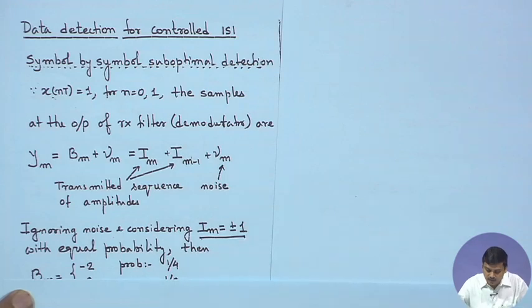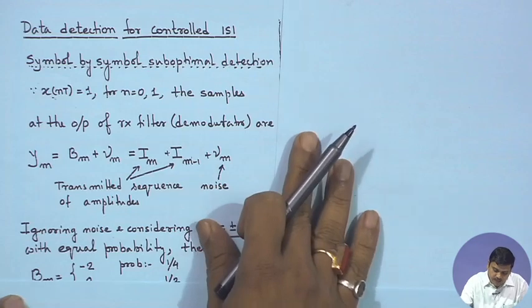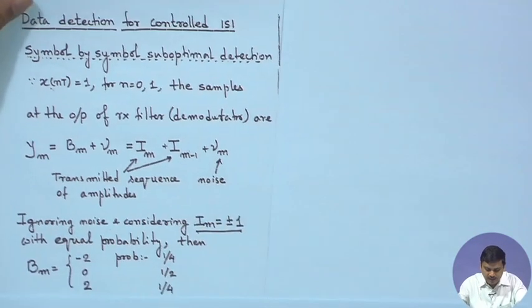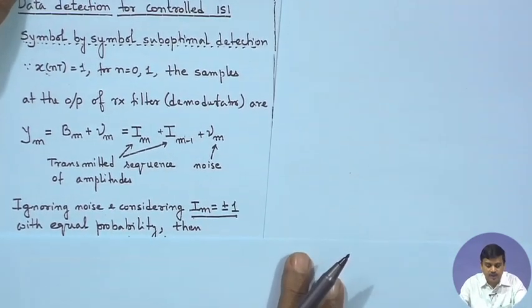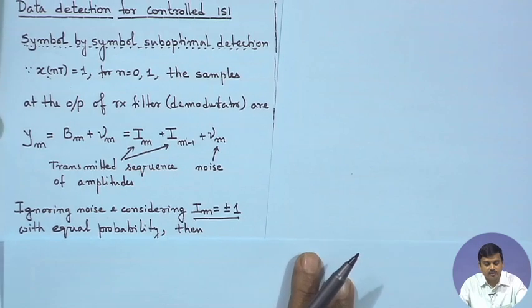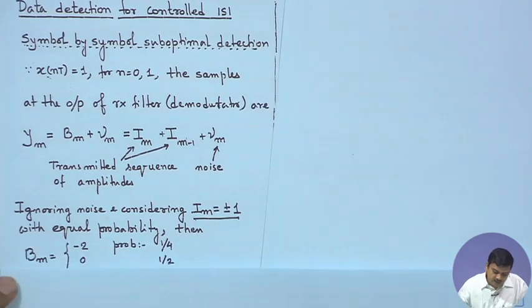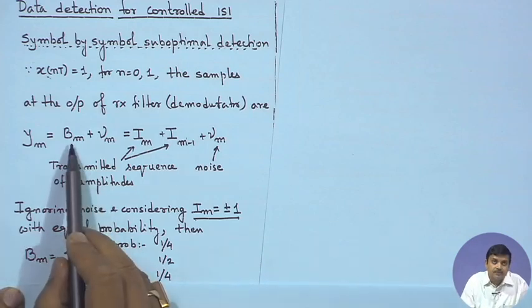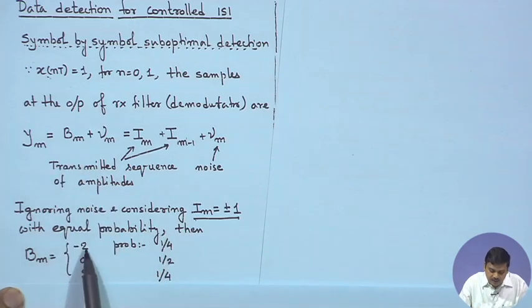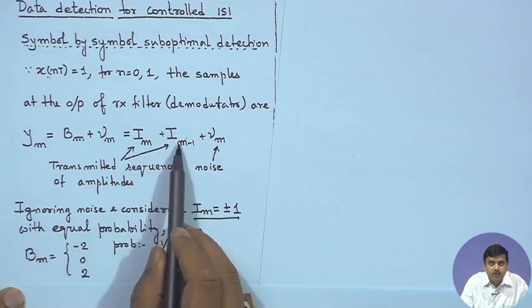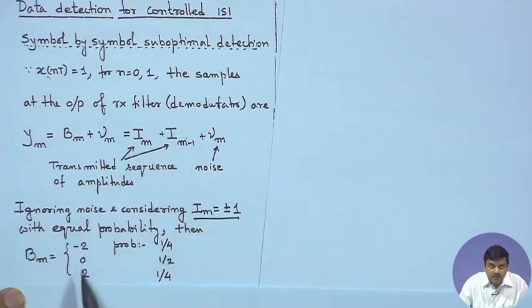So, we are limiting ourselves to the situation where it takes binary values, and we also say that let it take these values with equal probability. If the probability changes, our calculations would be different, and generally equal probability is valid. Our b m over here can take minus 2 or plus 2 when both of them are minus 1 or both of them are plus 1 simultaneously.